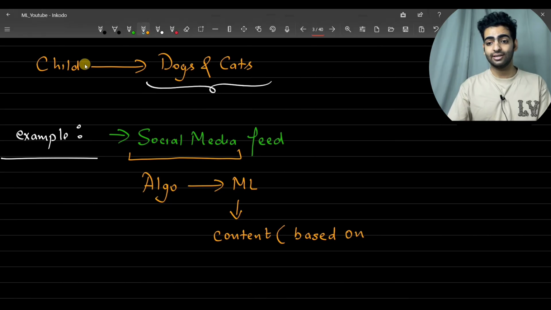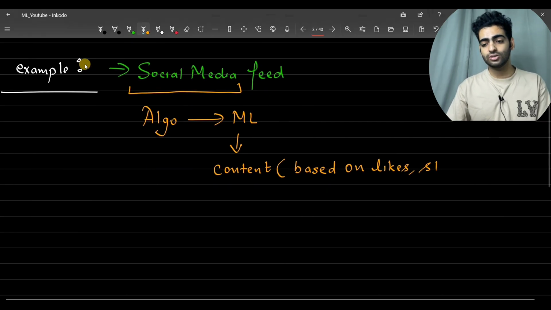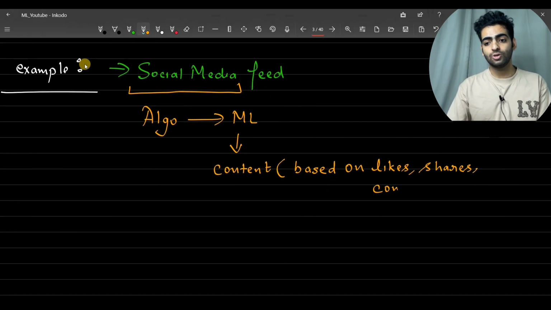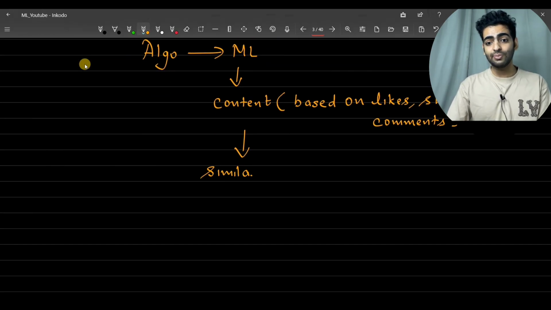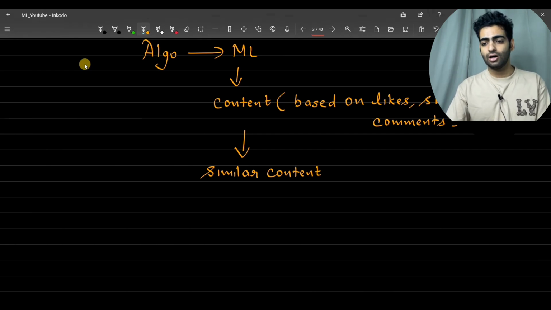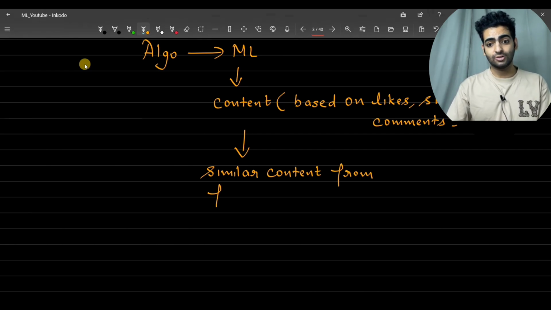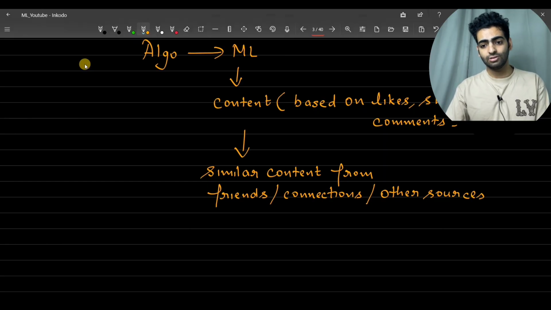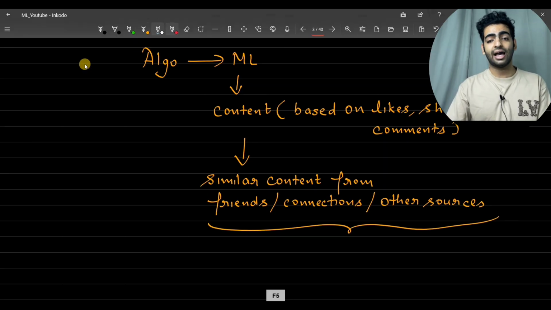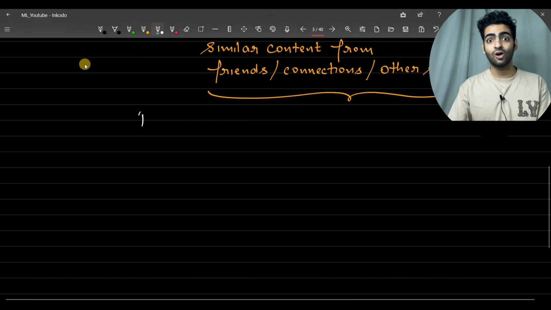Based on what you like, what you share, of course, and on what type of post you basically comment. And based on all the data, it will try to prioritize the similar content from your friends or from your followers, or from your connections, or it could be some other sources as well. Because under the hood, all these platforms have actually implemented machine learning algorithm.